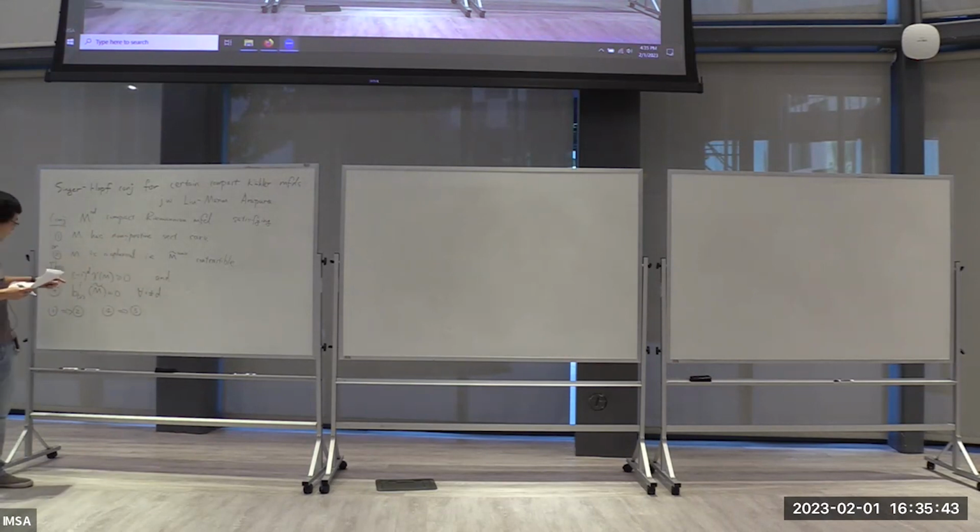In that case, I will get rid of this, so the sign will always be plus. And also I'm assuming M is even dimensional. If M is odd dimensional, 3 is saying nothing, but 4 is trivial. So in odd dimension, basically the conjecture says all the L2 Betti numbers should be 0.